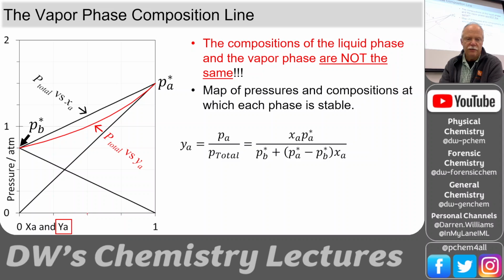So let's say we take a 50-50 mixture. So we're going to sit right here at 50-50. And we come all the way to the top. So there's our 50-50 composition in the liquid state.